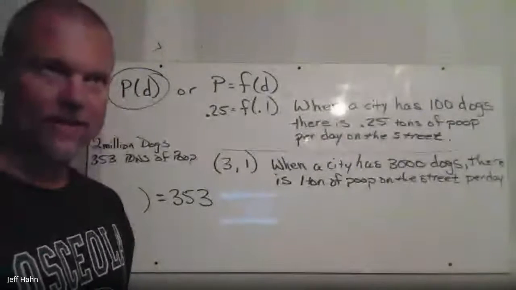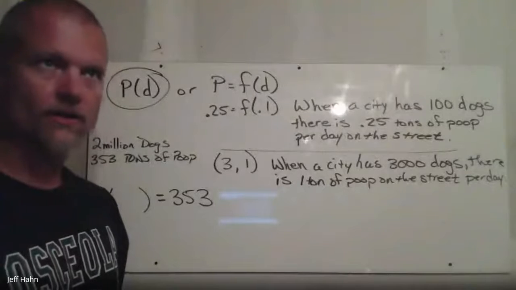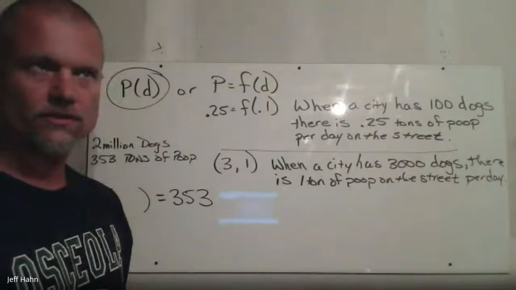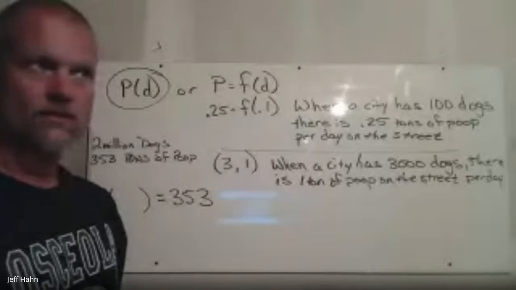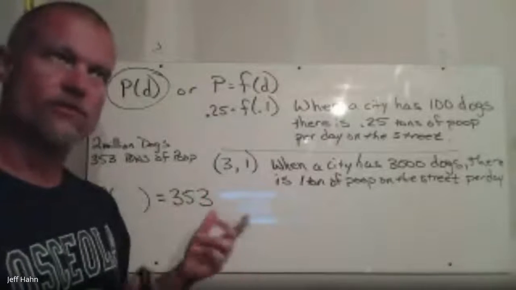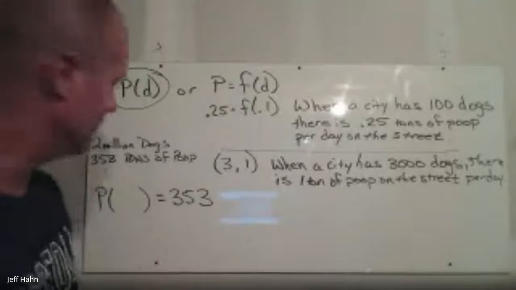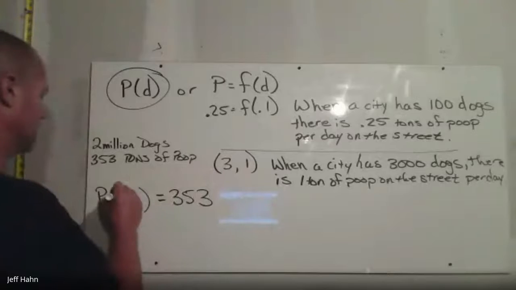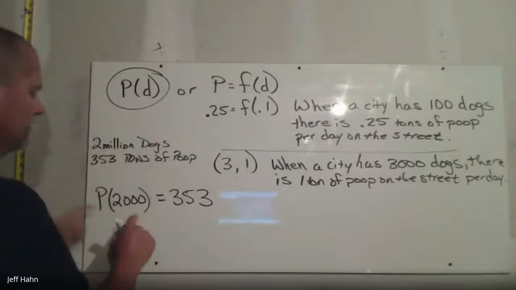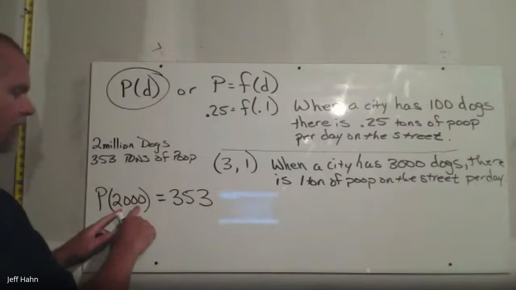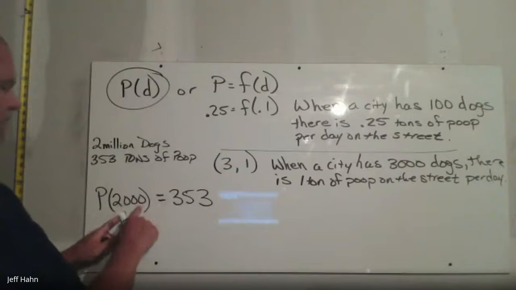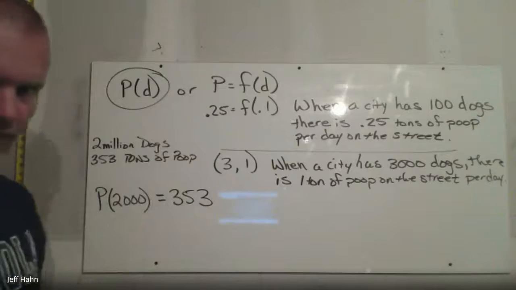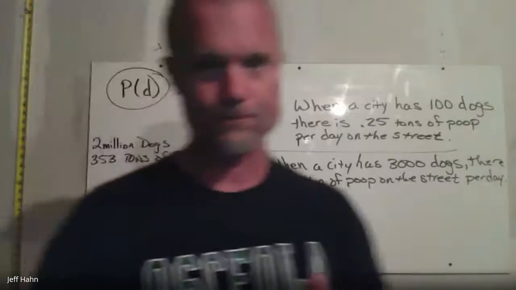So how many thousands of dogs is 2 million? Well, there's 1,000 thousands in a million. So 2,000 thousands to get to 2 million. So there's 2,000 thousand dogs, and they're producing 353 tons of poop. That's the way that goes.